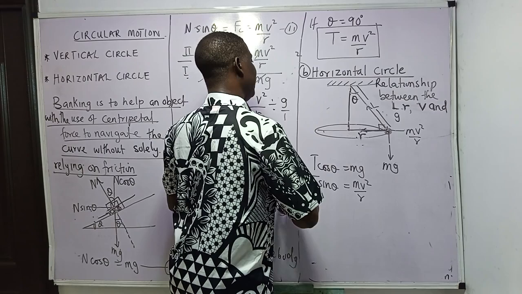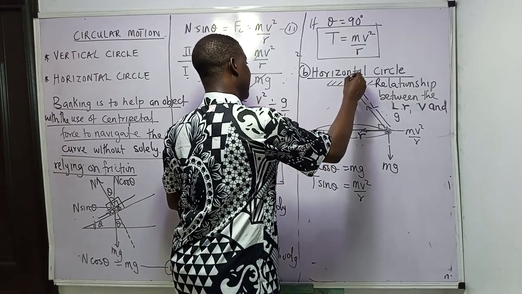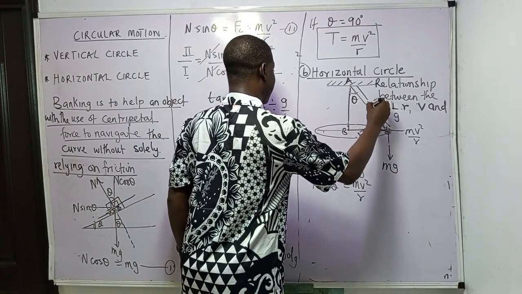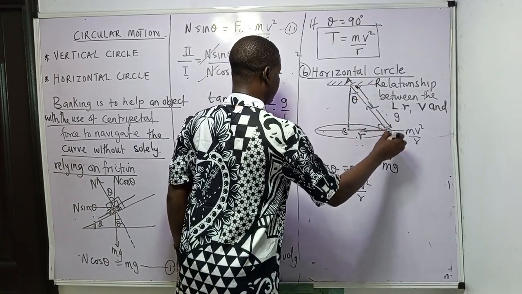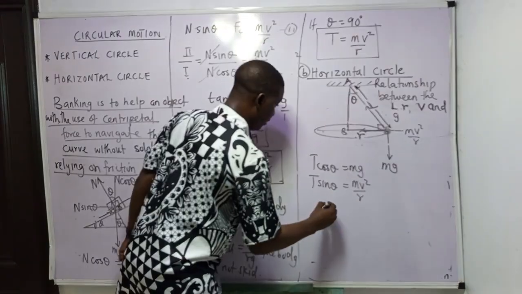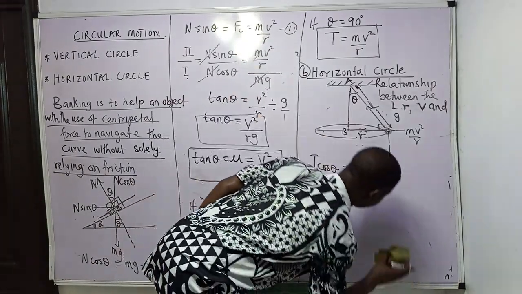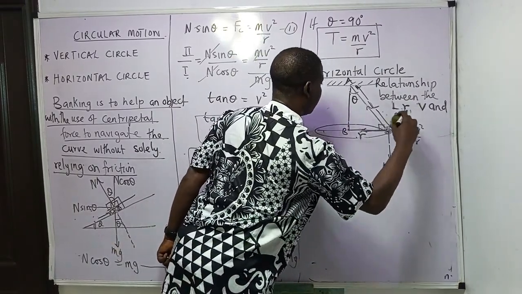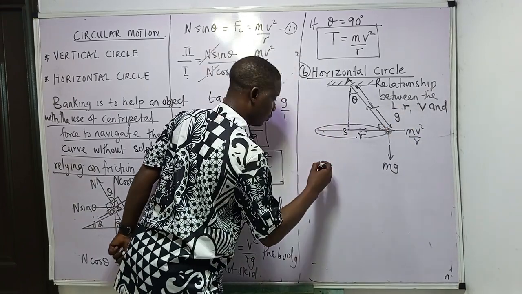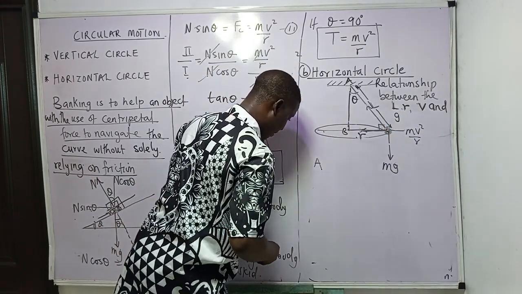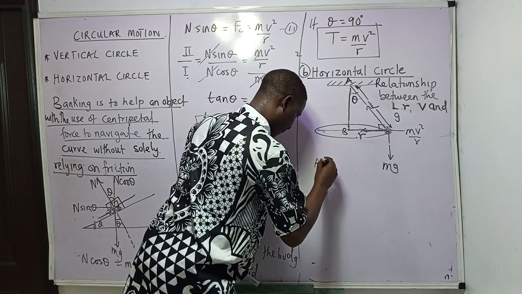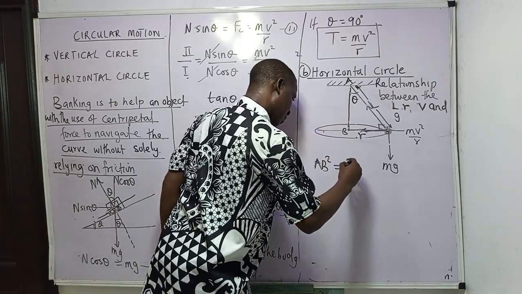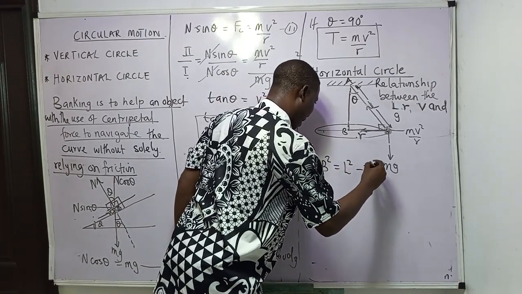Now, for me to calculate here to this place, AB, I need to use Pythagoras. Don't forget, here is length from here to this place. So AB square equals L square minus R square.